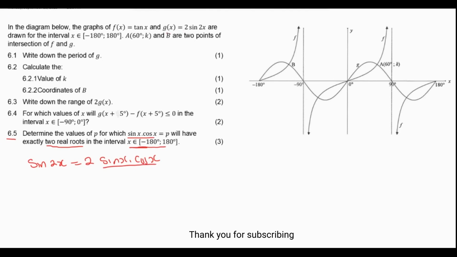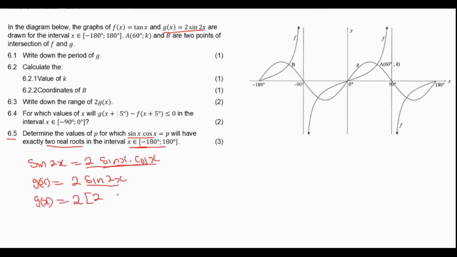And then we are given that g(x) is equal to 2 times sin 2x. So we're saying that g(x) is equal to 2 times sin 2x. And then we can replace where there's sin 2x. We can put 2 sin x cos x. g(x) is equal to 2 times 2 sin x cos x.